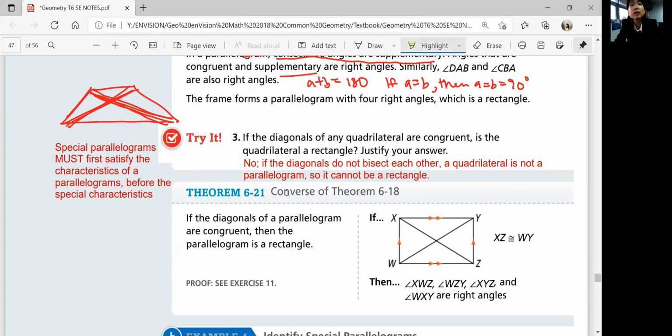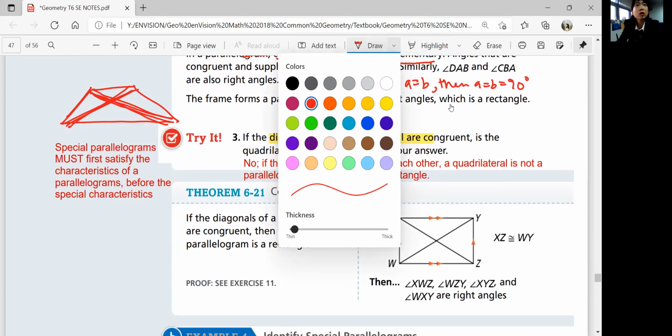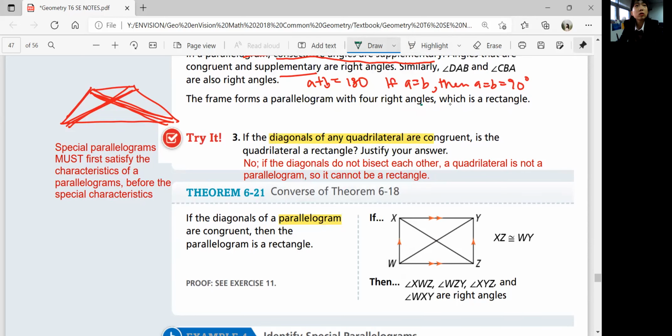Notice, diagonals of a parallelogram. The diagonals of a quadrilateral are not necessarily equal to each other, so any quadrilateral doesn't work. It must be a parallelogram.